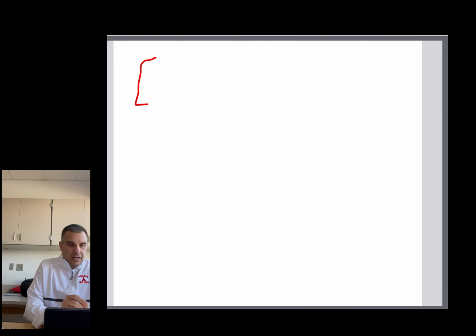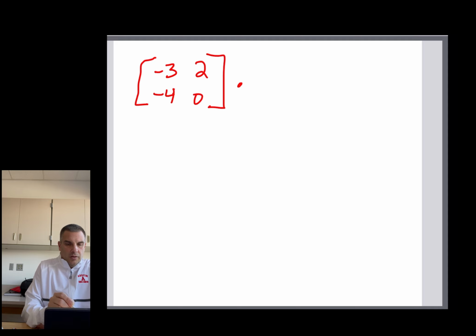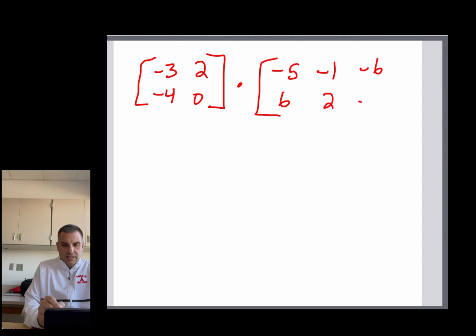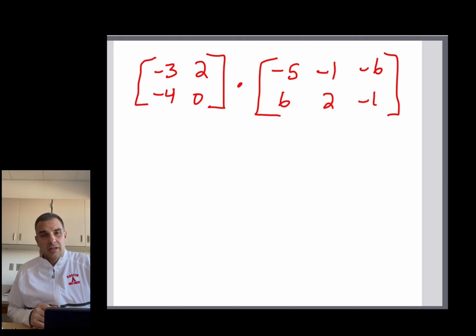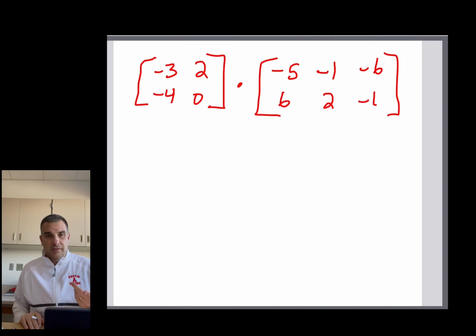Let's look at another one. Let's go with -3, 2, -4, 0. We're going to multiply that with the matrix -5, 6, -1, 2, -6, -1. Okay, go ahead, give it a shot. Check it first, make sure you can do it, figure out what the dimensions are, and then go ahead and finish it off.